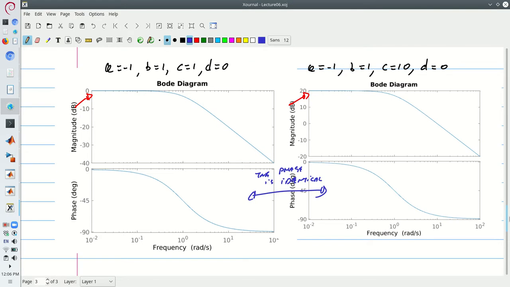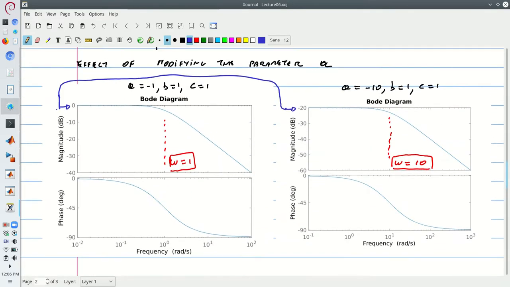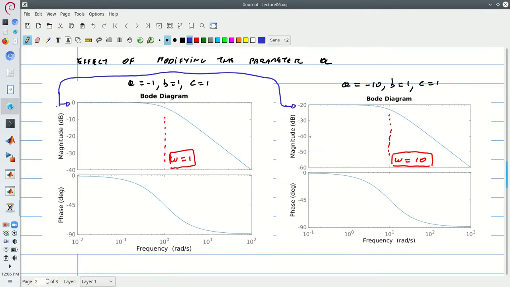So in summary, b and c have the effect of just changing the magnitude of the Bode diagram without affecting the frequency at all. And the change instead in A is a little more delicate. It has a change in the amplitude, in the magnitude that we have, but also has a change in the omegas at which you have your change of behavior, your change of slope in the amplitude, and your switch from a phase that is roughly 0 to being minus pi half.